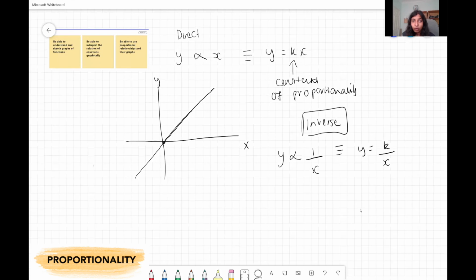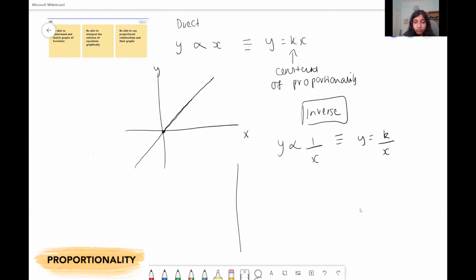So therefore the graph of an inverse proportion, if x is on this side and y is on this side, would just look something like this. So we're just doing it for the positive values of x.